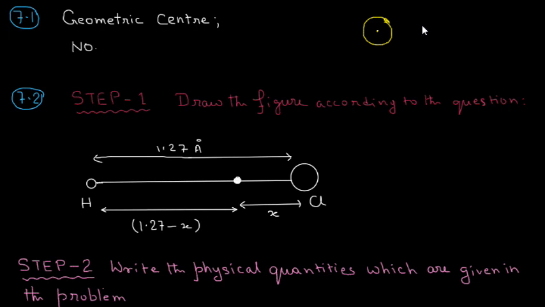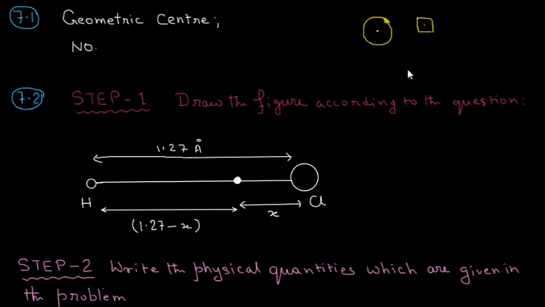So for cuboid, for a cube also it lies at the geometric center, and for all the other figures also it will lie at the geometric center. Now the next question was whether center of mass lies inside the body only or not.